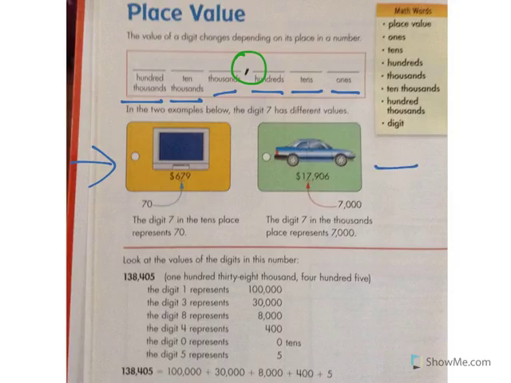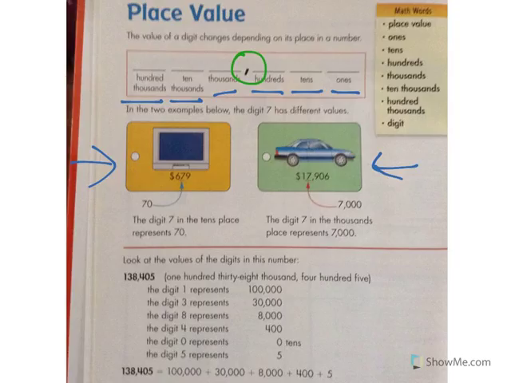And over here, this example with this car, which is a bit bigger number, the 7 in this case has moved over from the previous example, so it represents now 7,000 instead of where it was in the TV problem where that was 70, because it's to the left of that very important comma.